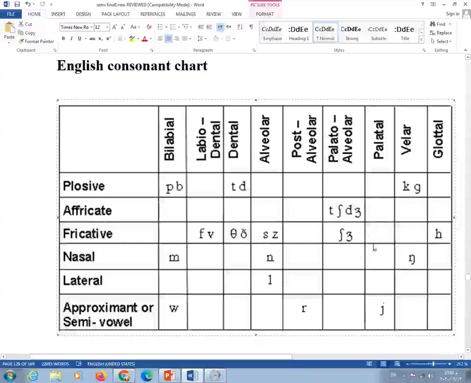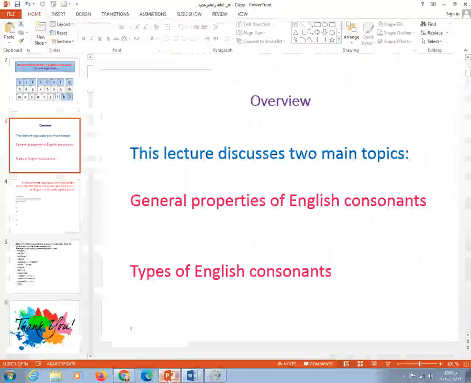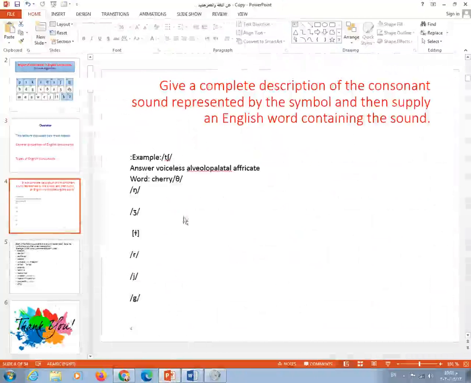Okay, and now let me finish with this exercise. Give a complete description of the English consonant represented by the symbol here, and then supply an English word containing the sound. Here we have the example sound ch, found in words such as cherry.